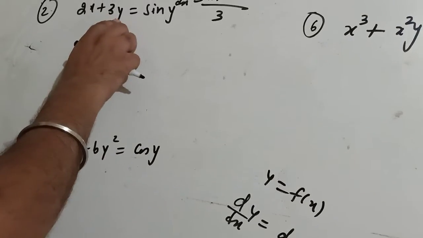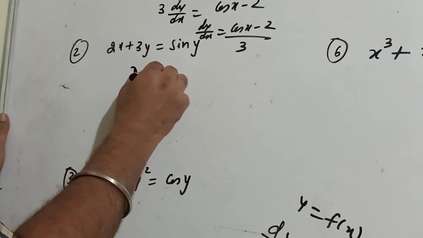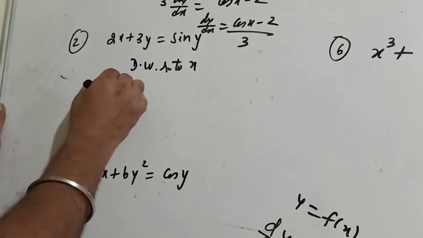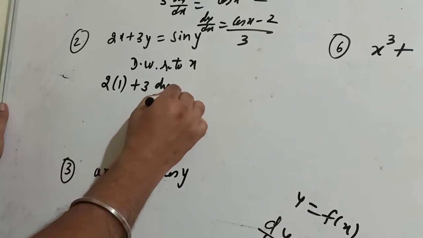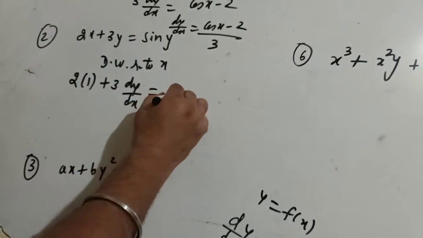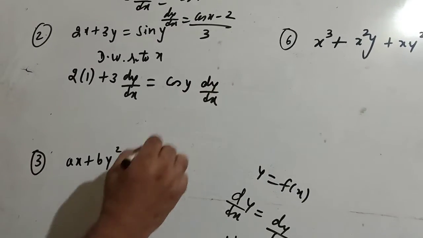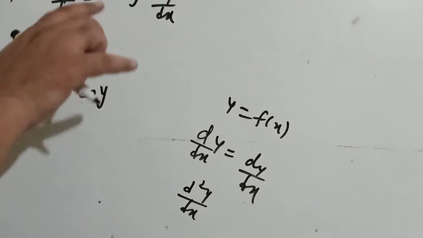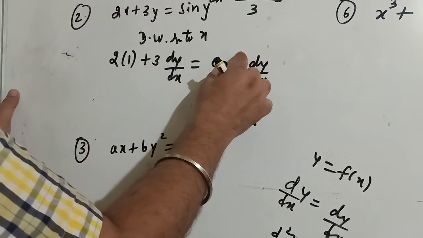Now the second question: 2x plus 3y equal to sin y. So differentiating with respect to x, our aim is we have to find dy by dx. So 2 differentiation of x is 1, 3 differentiation of y is dy by dx, and differentiation of sin y, because of sin it will become cos y, and differentiation of y is dy by dx. If it is sin x, we can add cos x, that's it.